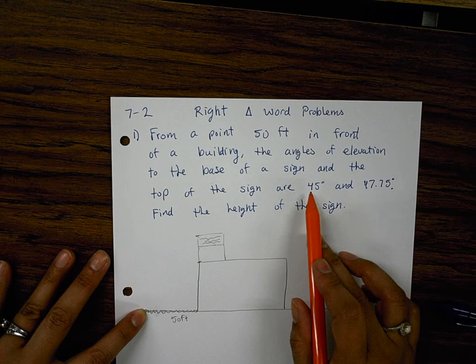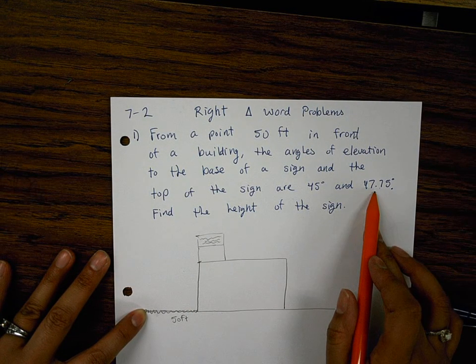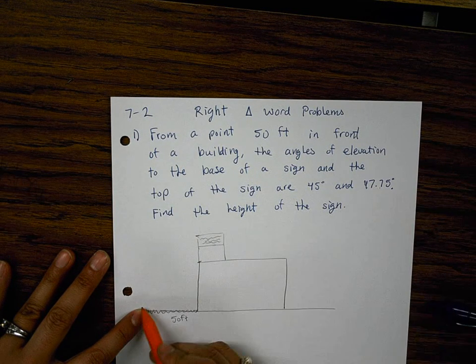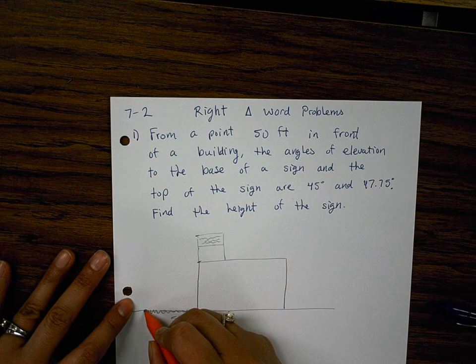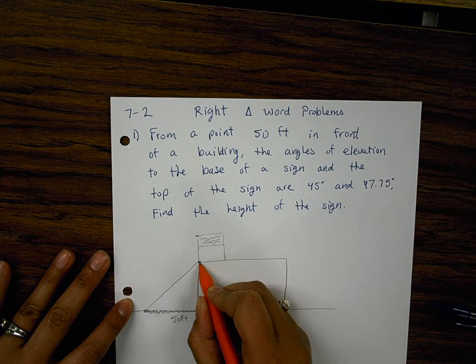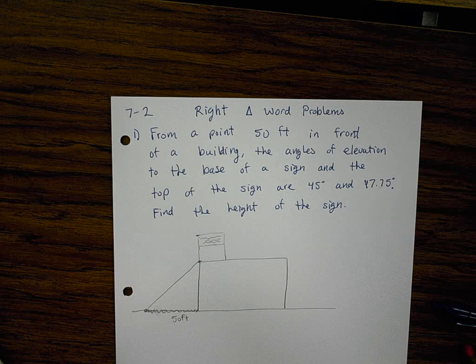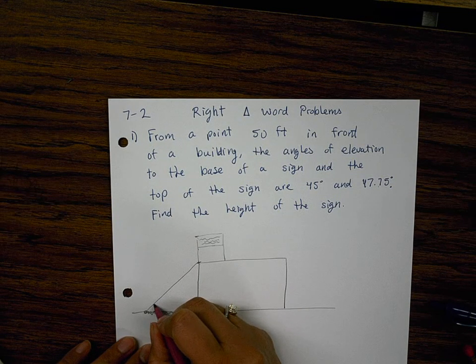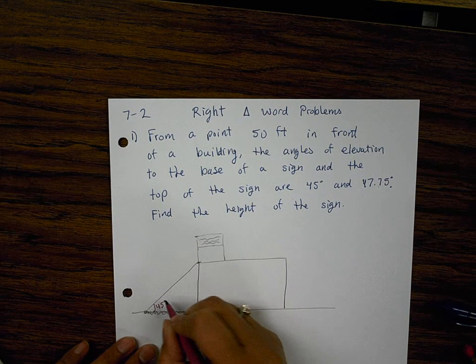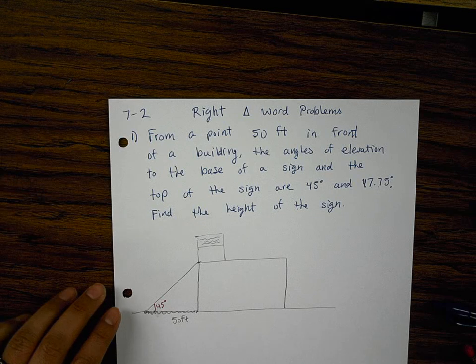So it says the angles of elevation to the base of the sign and the top of the sign are these two numbers respectively. You did these back in Math 2. And if you remember, angles of elevation always come from the ground. So from here, you're looking up to the base of the sign. That angle there is 45 degrees.